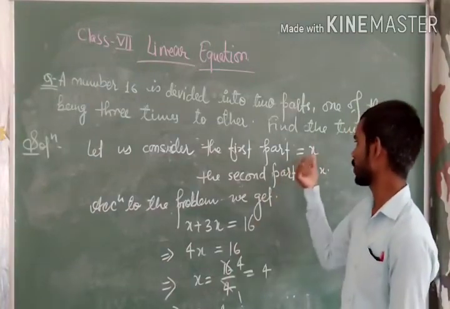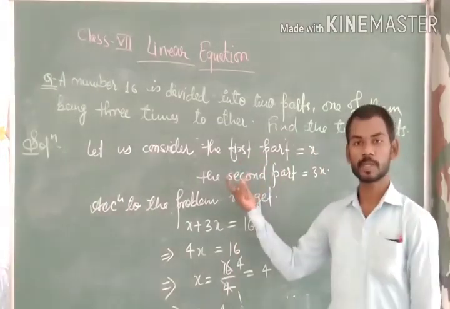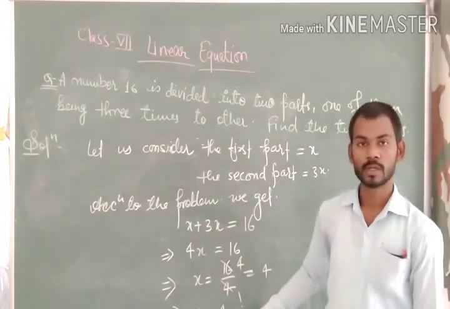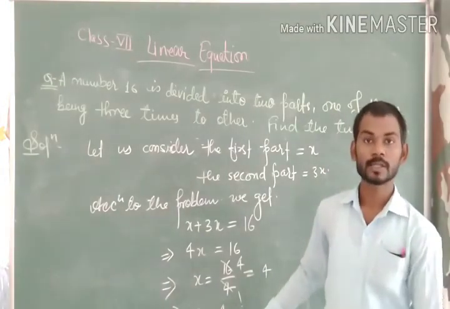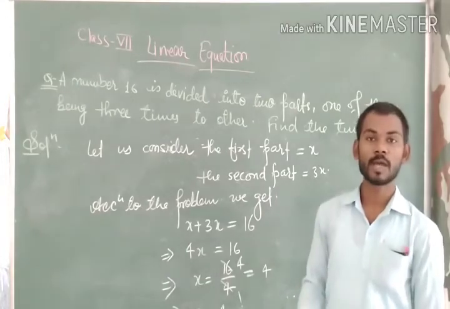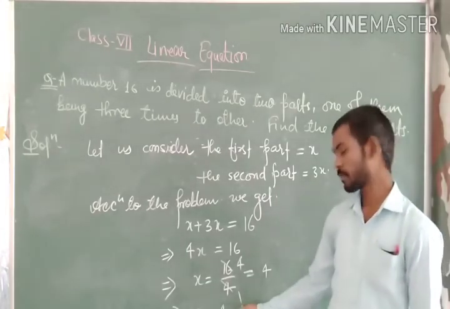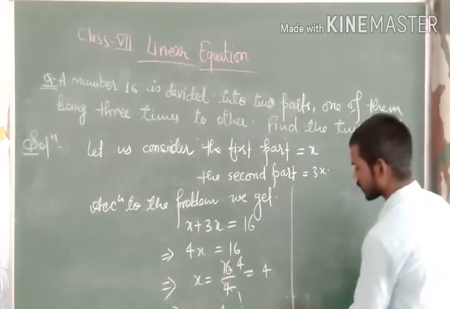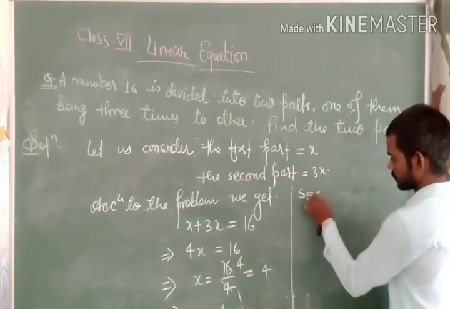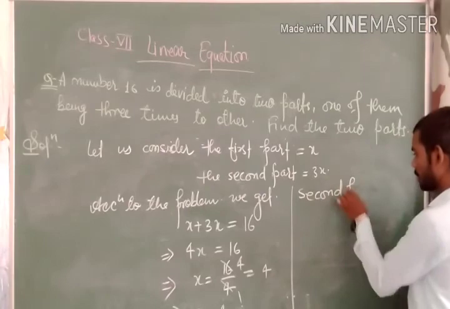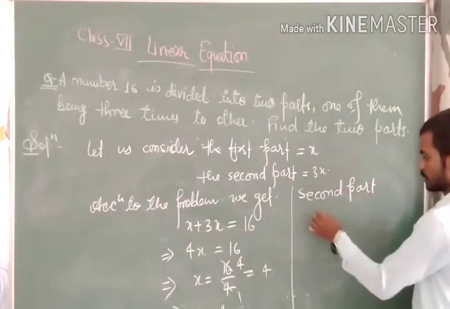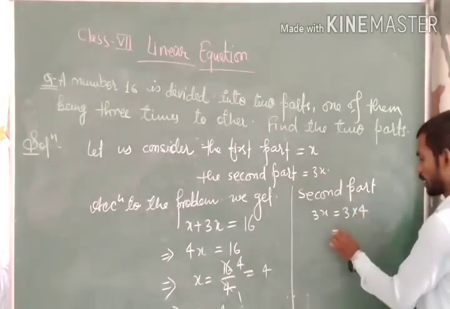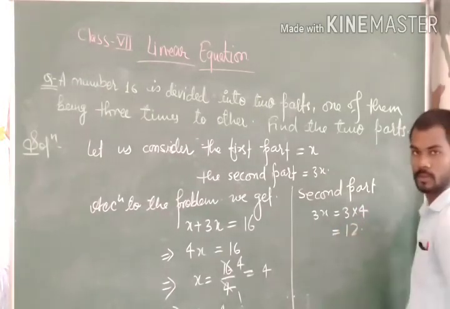And here we consider x to be the first part of 16, so the first part of 16 is 4. Then the second part is 3 times the first part. If the first part is 4, then what is the second part? So here the second part 3x is equal to 3 multiplied by 4, and this is equal to 12.